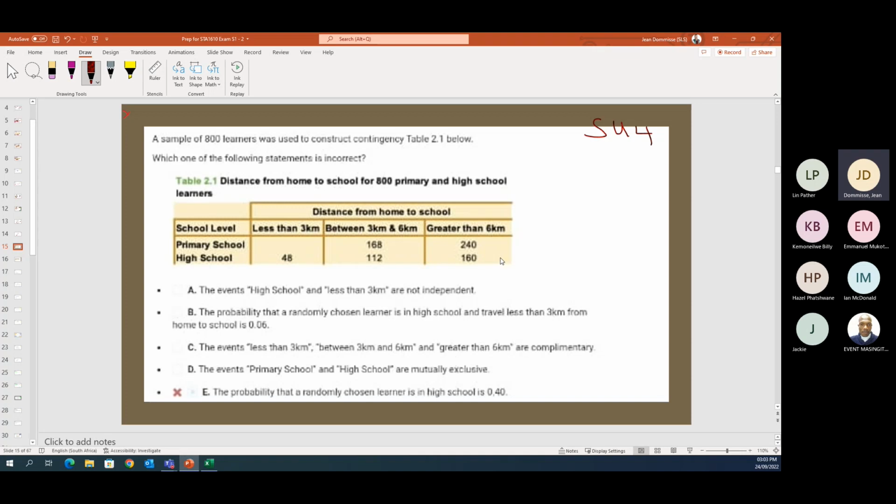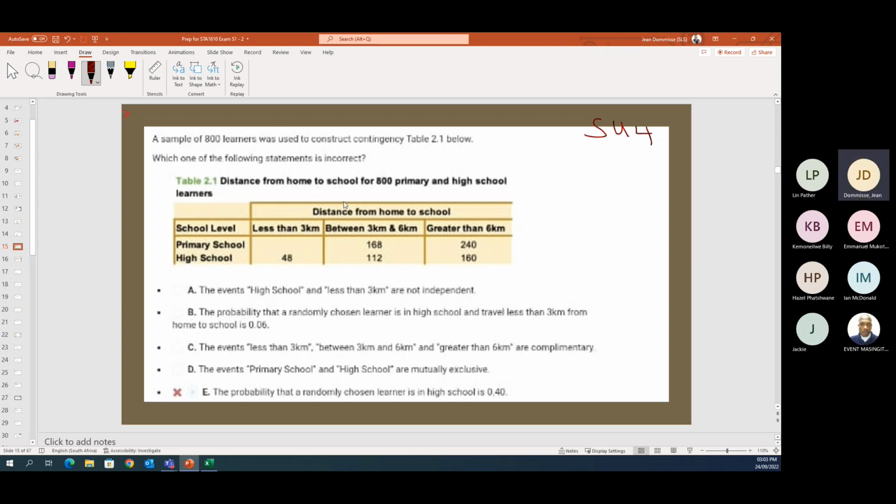They can give it to you in a different format where they give you probability of A is this, probability of B is something different. So again, just be on the lookout for the different ways that they can ask you probability. So let's see what they give us.